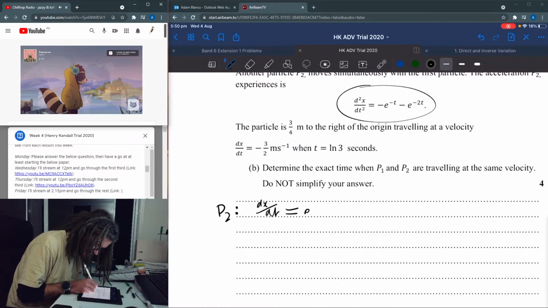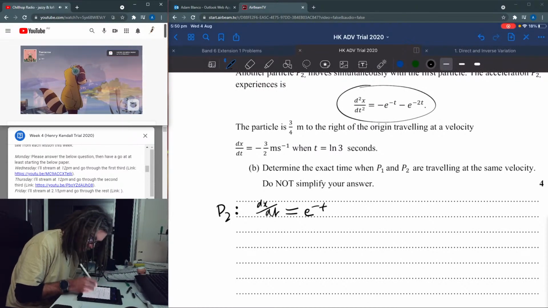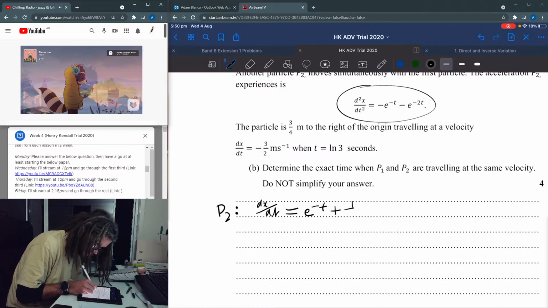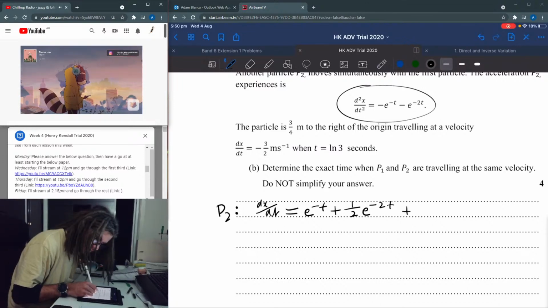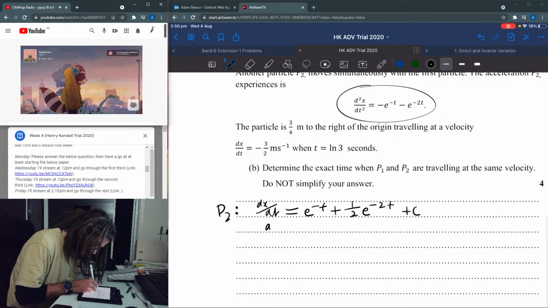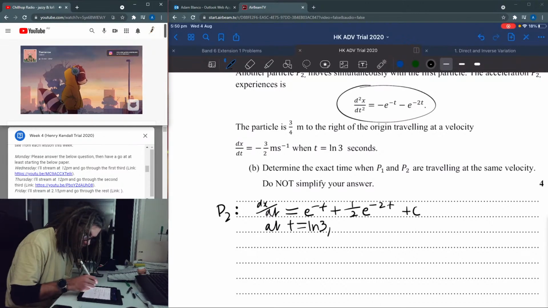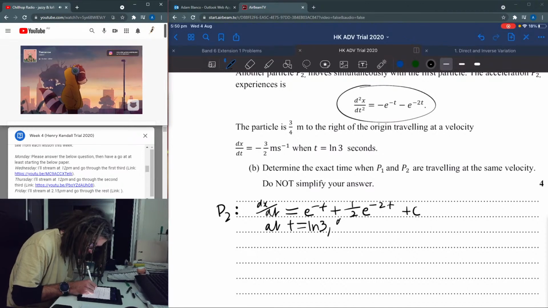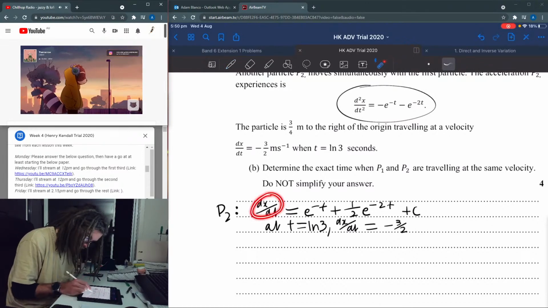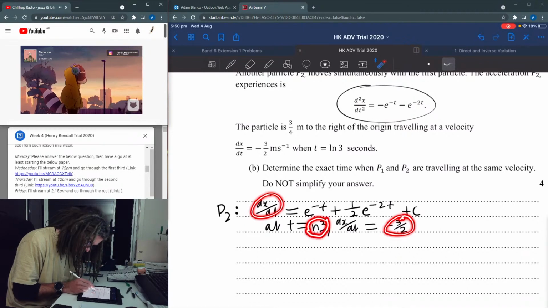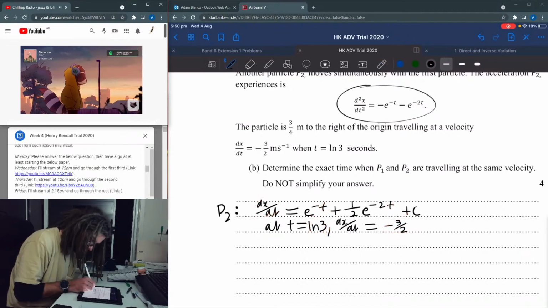So integrating this, e to the negative t plus 1 on 2 e to the minus 2t plus c. And at time, now it's not 0 this time, it's ln 3, dx dt, which is v, is negative 3 on 2. So I need to replace this with this, and this with these.